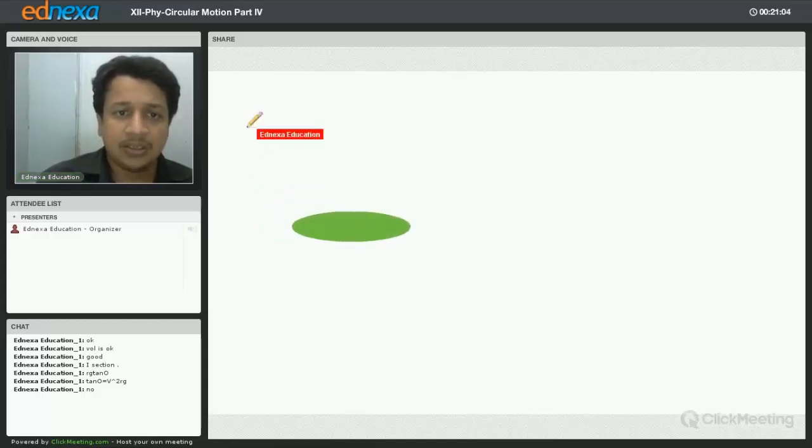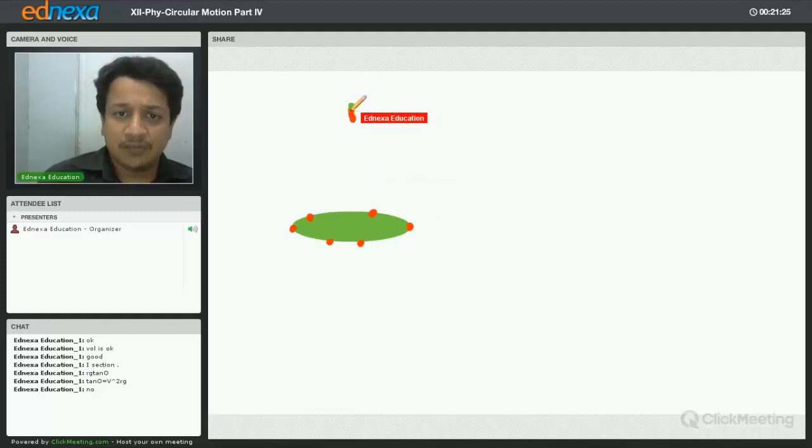See, in case of the conical pendulum, our bob is over here at this point. After some time, the bob will reach this point. After some time over here, then over here, at each and every point.